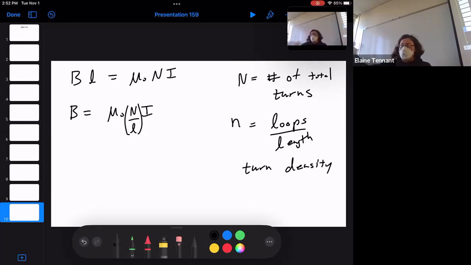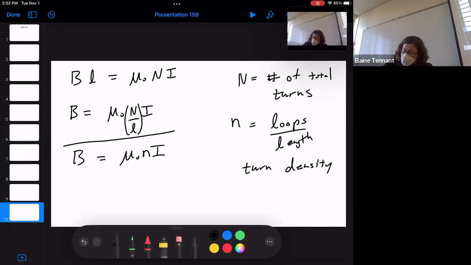So I might have 100 loops total, but for every centimeter, I might only have 10 loops. Sound reasonable? Okay. And so you see this becomes mu naught n i. And that's usually how you see this written. Magnetic field, the field of a solenoid. Okay, few things.